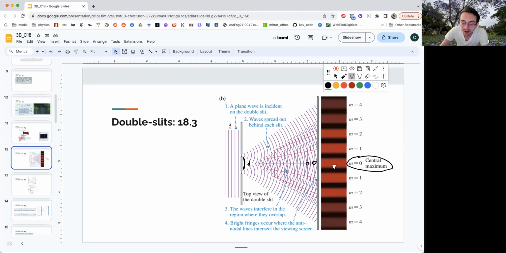And then on either side of that, we get a dark spot. You can see that's where we have a node, where we have destructive interference. And then on either side, again, we get an antinode. Those are the first order maxima, so m is 1 here. And we have second order maxima farther away. So we just keep on increasing this variable m, and we march farther and farther away from the center.